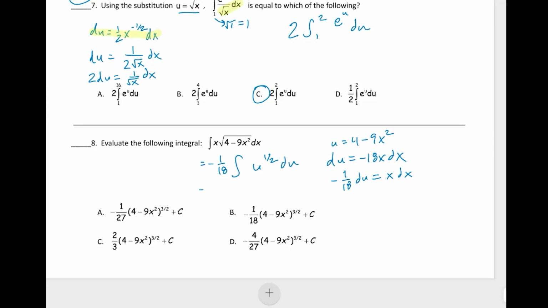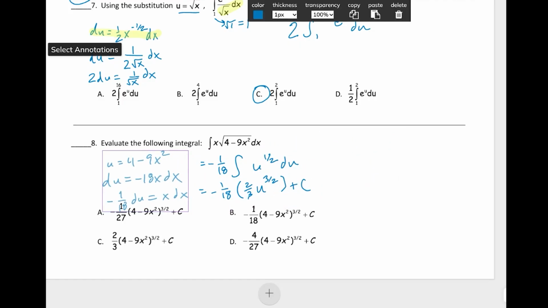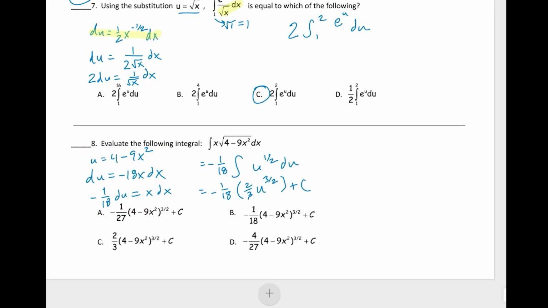Integrating that, it's going to use the power rule again, or the anti-power rule. We don't need that integral symbol anymore. It's going to be u to the 3/2 power, and then dividing by 3/2 is the same thing as multiplying by 2/3, plus c.